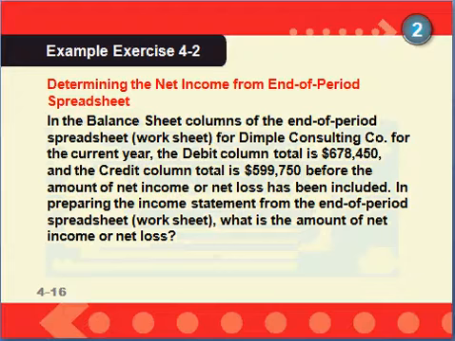Let's take a look at another exercise, and again, this is on page 146. And this one, they tell us that the balance sheet columns at the end of the period for Dimple Consulting, the debit column is $678,450, and the credit column is $599,750.